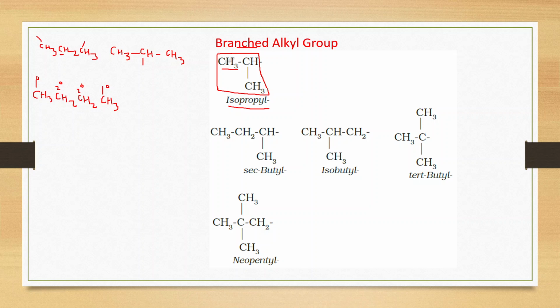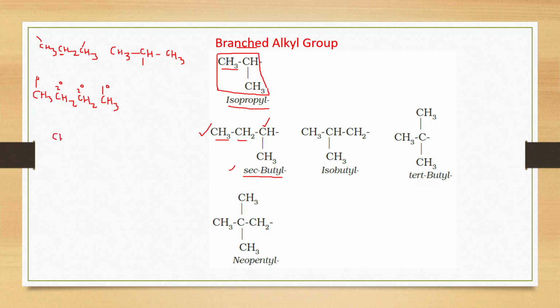But if a hydrogen atom attached to the secondary carbon atom is removed, then whatever alkyl group is obtained is known as secondary butyl. This one is CH3, CH2. Now we can say this is a secondary carbon, and from the secondary carbon one hydrogen atom is removed. So this alkyl group is secondary butyl.